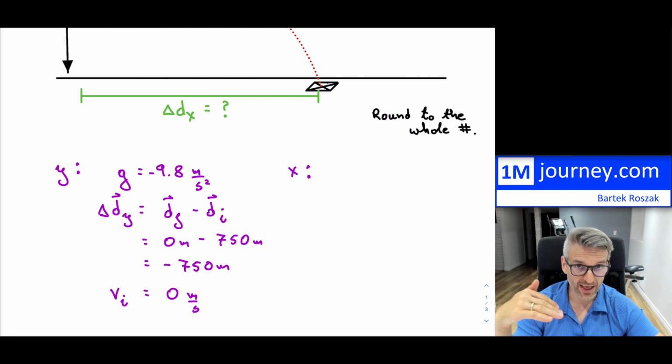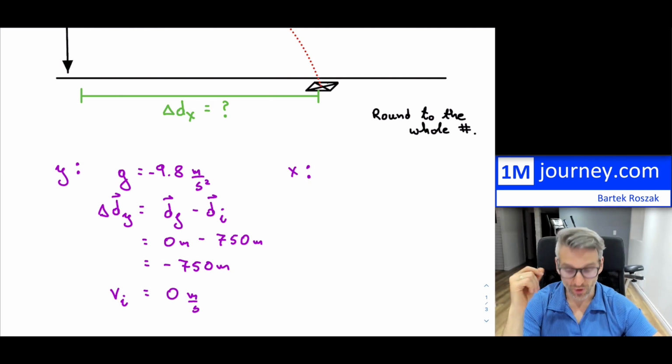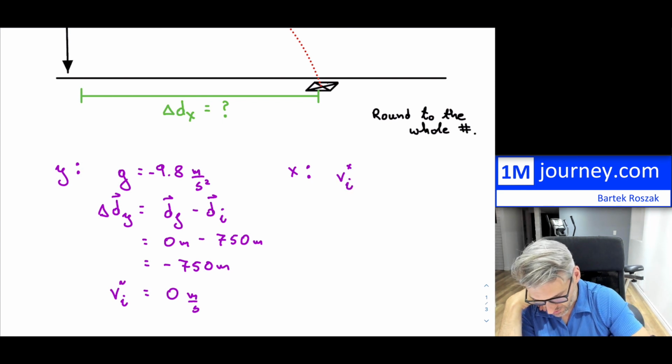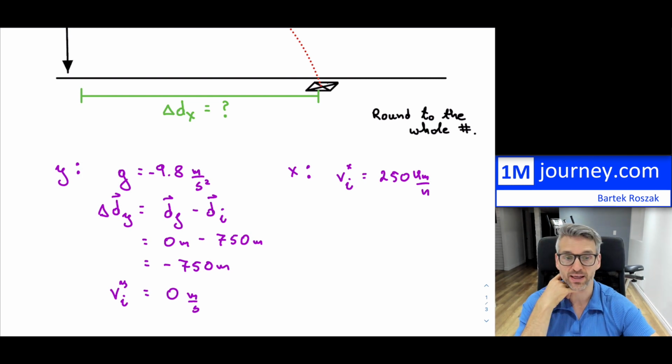It's not moving at an angle with respect to the actual airplane. So that's one thing. Now, this is for the x component, and this was for the y component. This one is 250 kilometers per hour, and we might have to change that to meters per second to make everything work, but we'll get back to that.